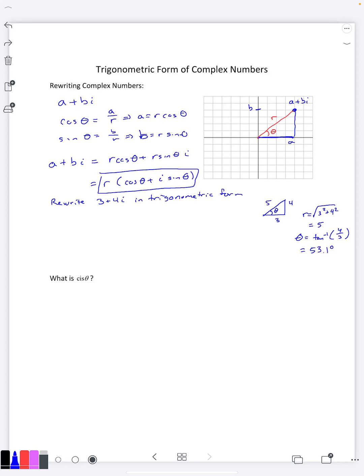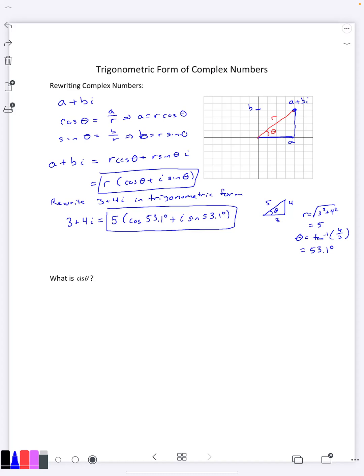And so that means that 3 plus 4i is the same as the value r, 5, times cosine of 53.1 degrees plus i times sine 53.1 degrees. And so this right here is the trigonometric form for the number 3 plus 4i.